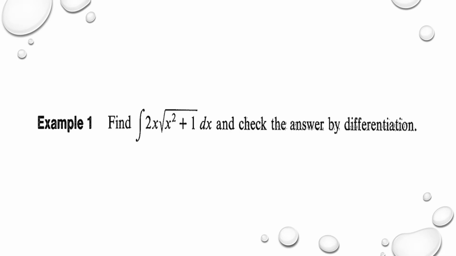Let us solve an example. We will integrate with respect to x by substitution method, and later on we will verify it by differentiation. The important thing is to select the factor u, whose derivative must be a part of that function.